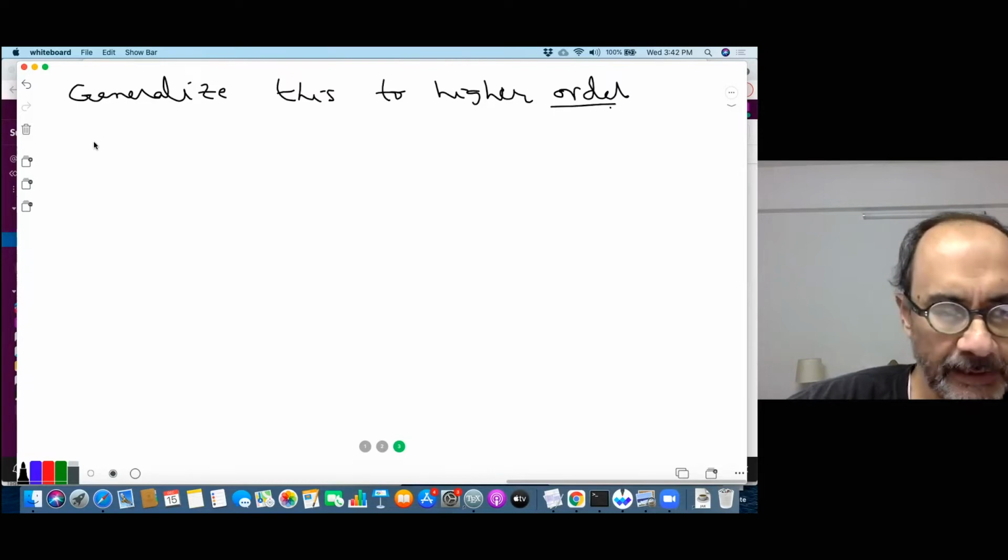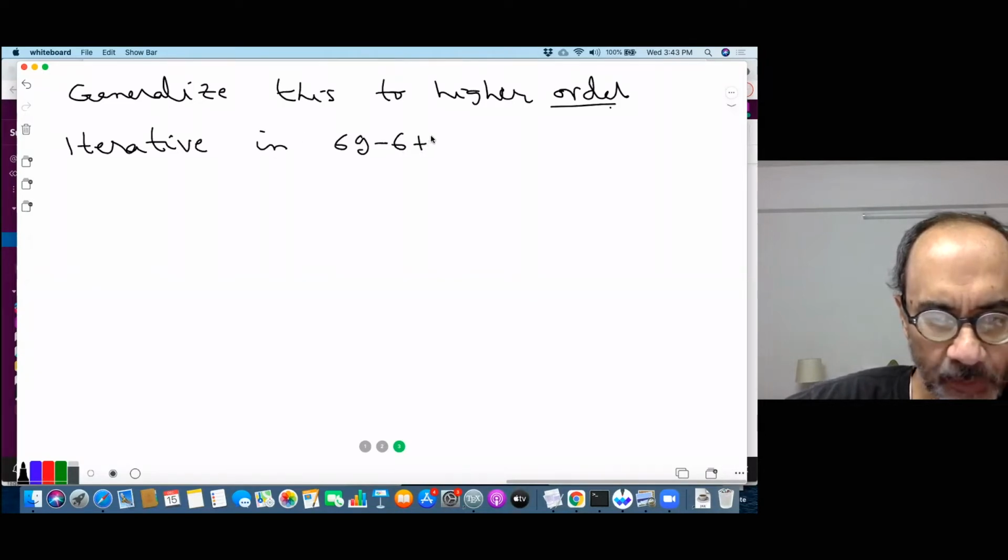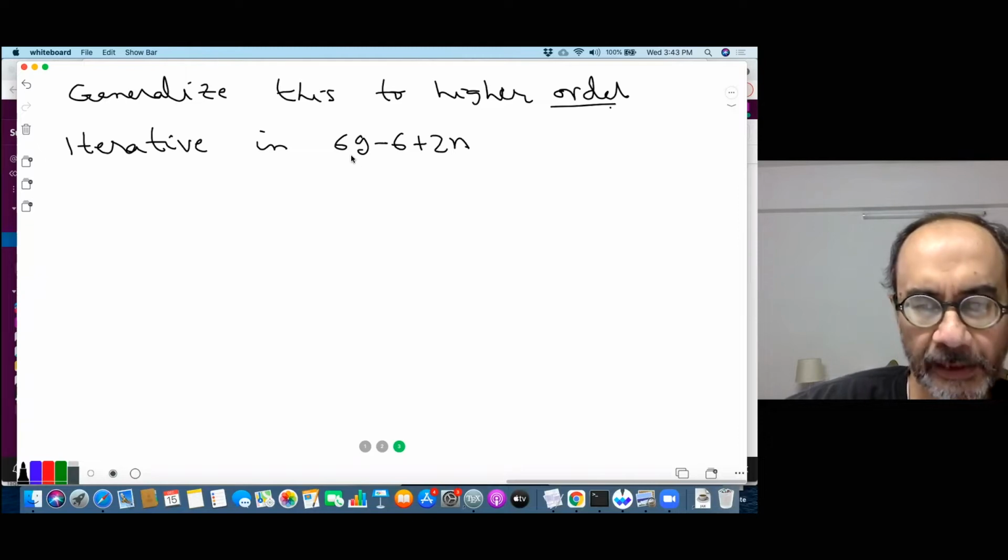This will be an iterative construction in 6G minus 6 plus 2n. If you remember, this is the total number of parameters that label a genus G n-point function.